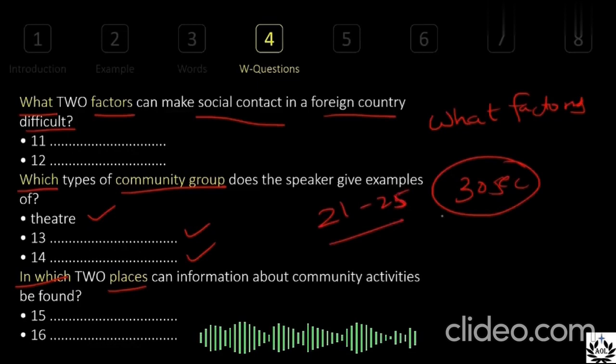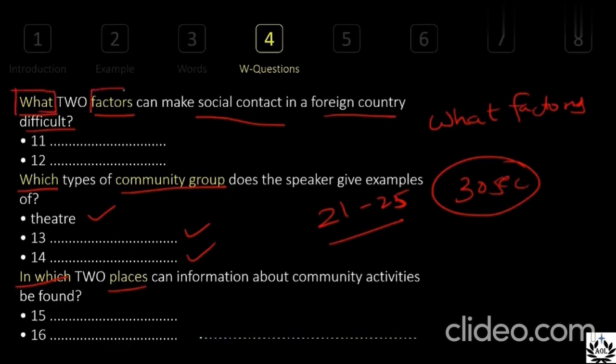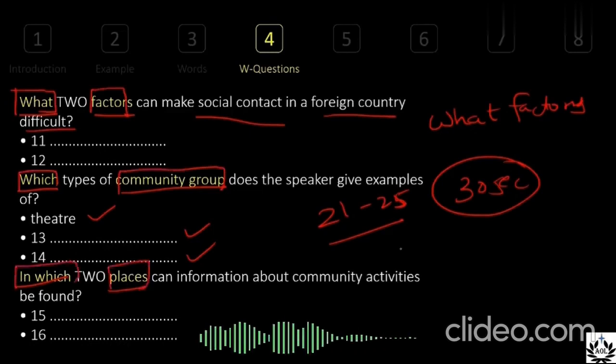In these 30 seconds, you're supposed to read the questions and underline the important information, like we did here: what factors, which community groups, and which places. You see, this information is going to be very helpful for us in the coming task.